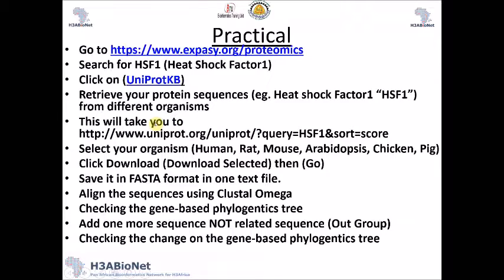But in this session, we will make a multiple sequence alignment using Clustal Omega and see how to build a phylogenetic tree based on that information, and also how to add a new sequence which is not related and try to align it with these sequences, and also check how the phylogenetic tree looks like after adding this new sequence, and if it is going to change the phylogenetic tree or not.